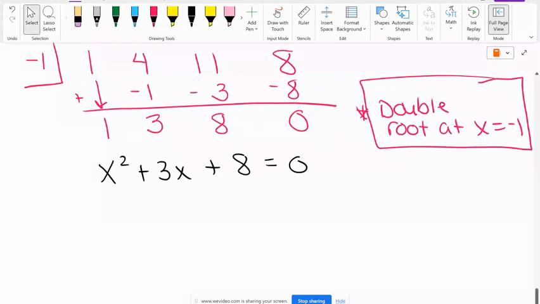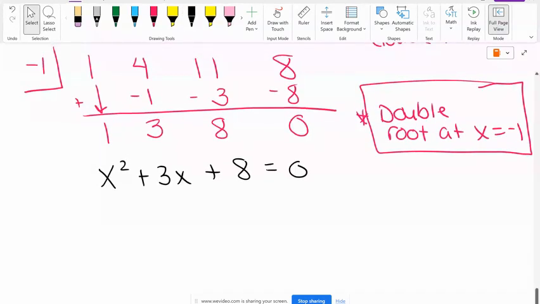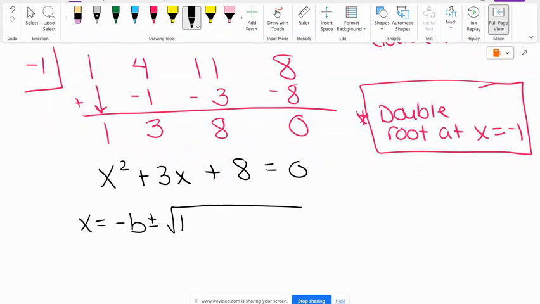Can I factor this? You cannot factor this. So what did I say to do if you can't factor it? Use the quadratic formula. Remember, the quadratic formula is x equals negative b plus or minus the root of b squared minus 4ac all over 2a.